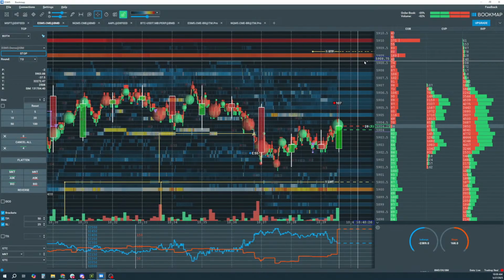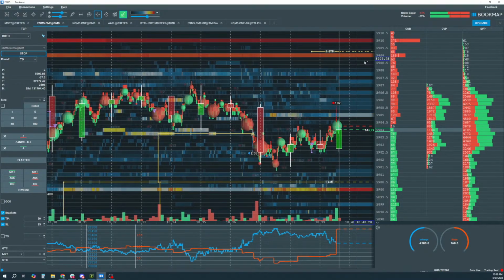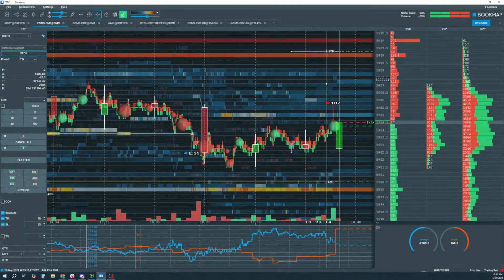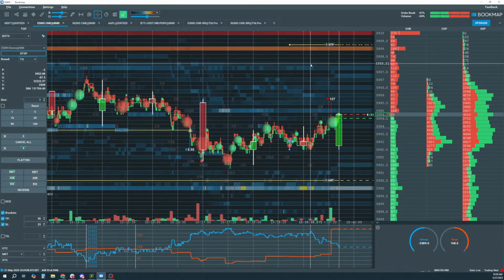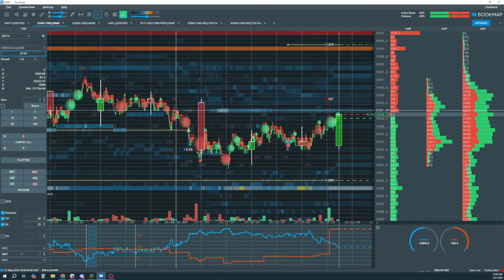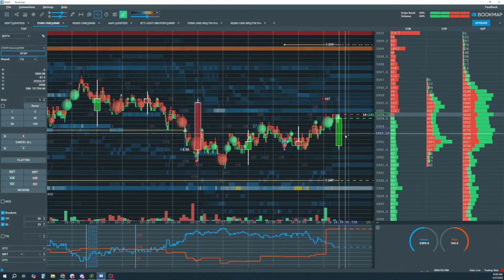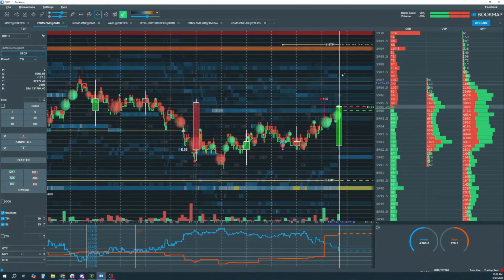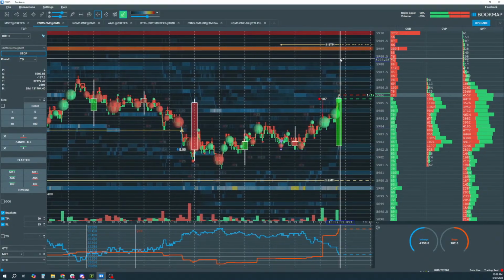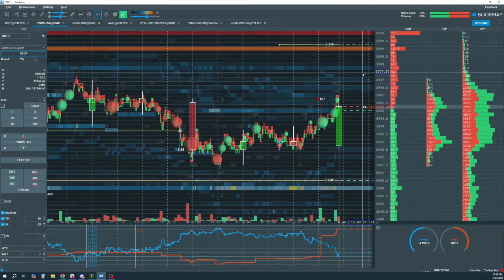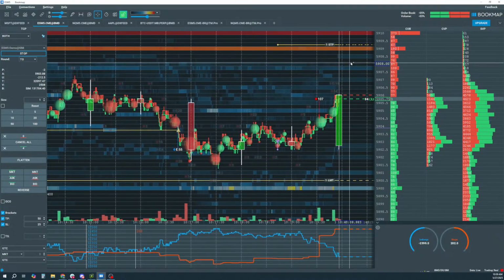Okay, so found some buyers now. All right, this is getting interesting. Now we're going to counter with some sellers in here, or we're going to see the buyers try to trade back up into this area up in here and resume the trend from previously.